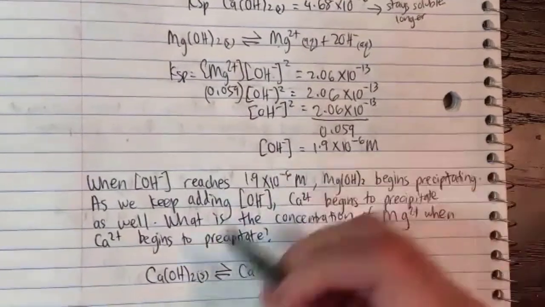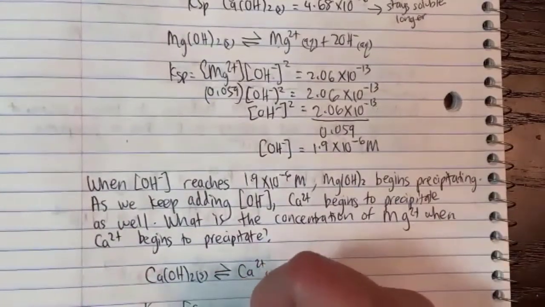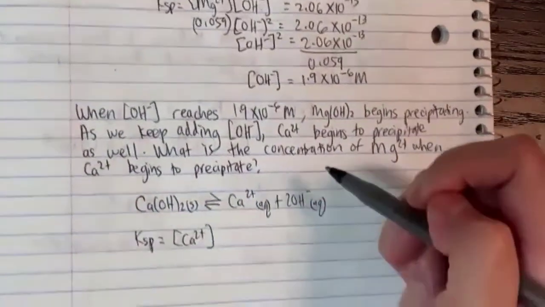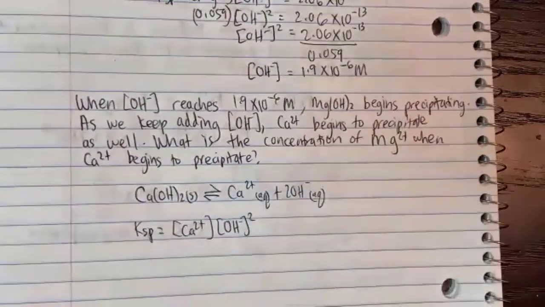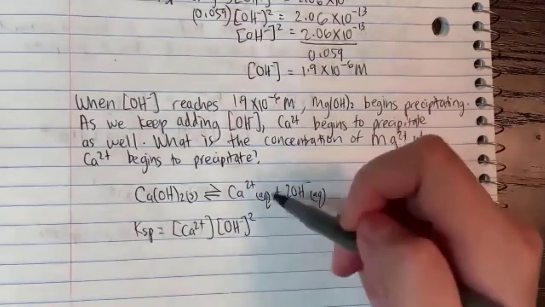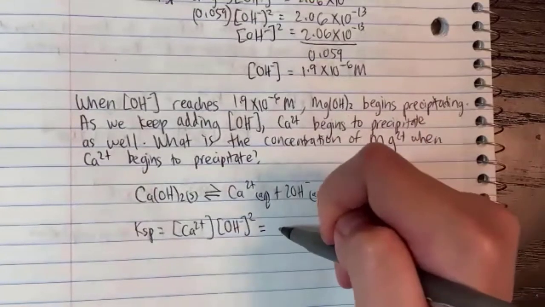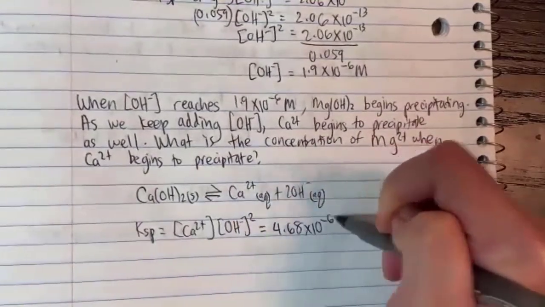So my Ksp is calcium times hydroxide squared. And that value of Ksp was given in the question. It was 4.68 times 10 to the minus 6.